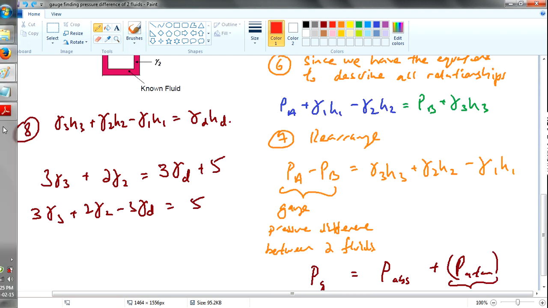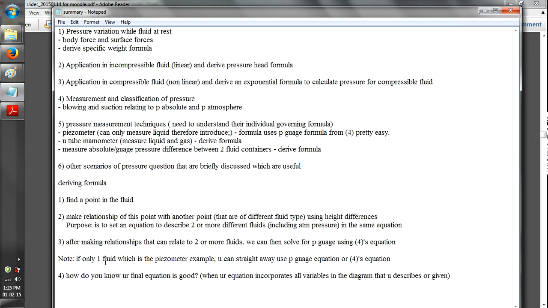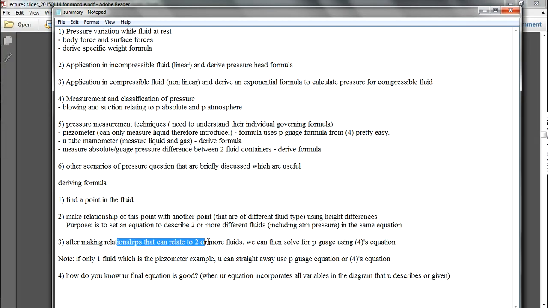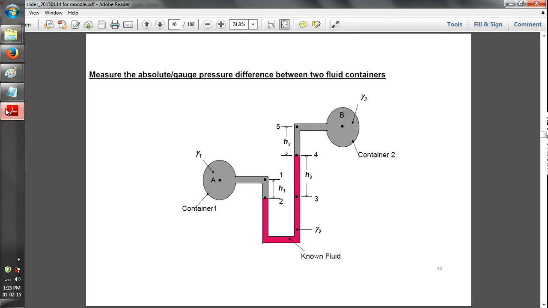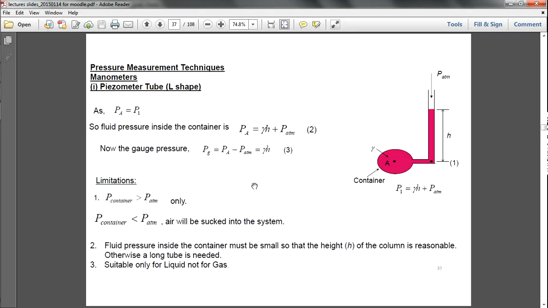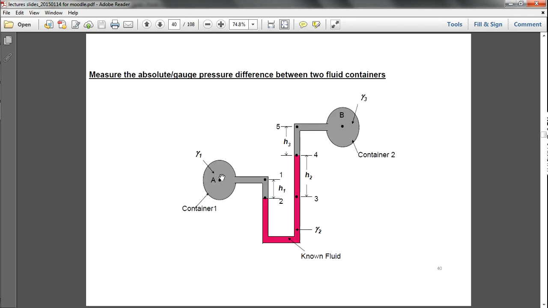You may wonder, previously I was saying that after making a relationship that can relate two or more fluids together, we can then solve for pressure using the gauge equation, P gauge equals P absolute minus P atmospheric. However, in this case there is no atmospheric pressure because you didn't expose anything to the air.